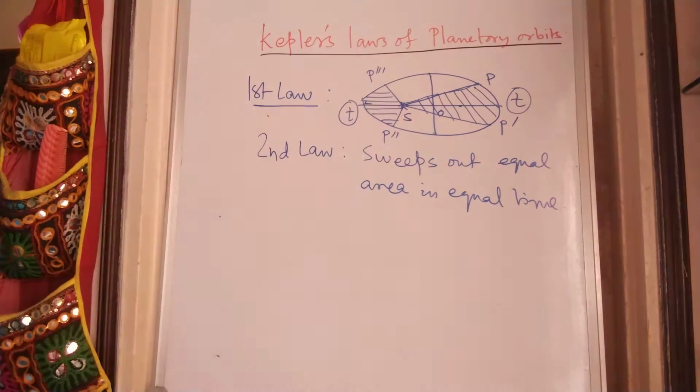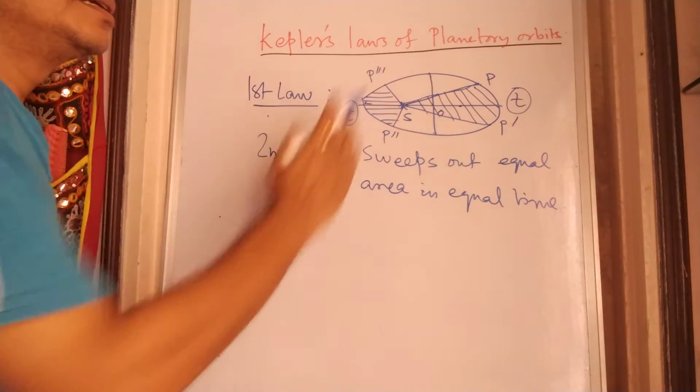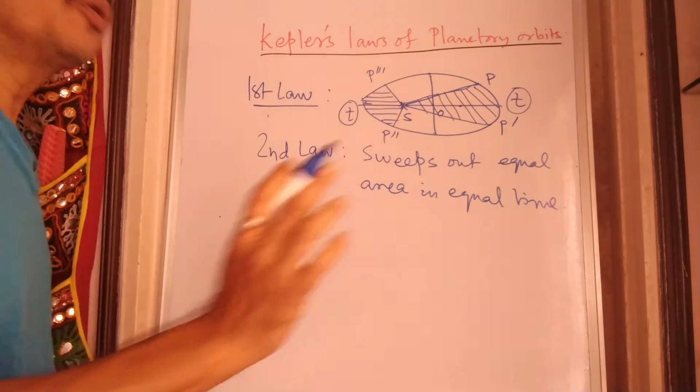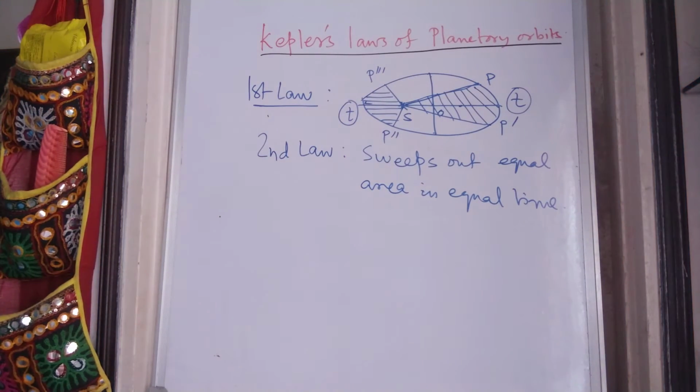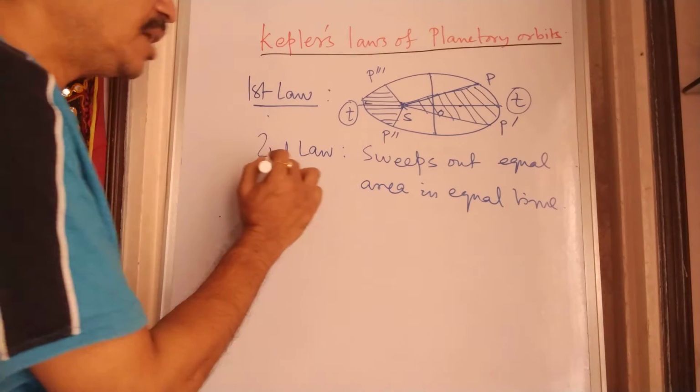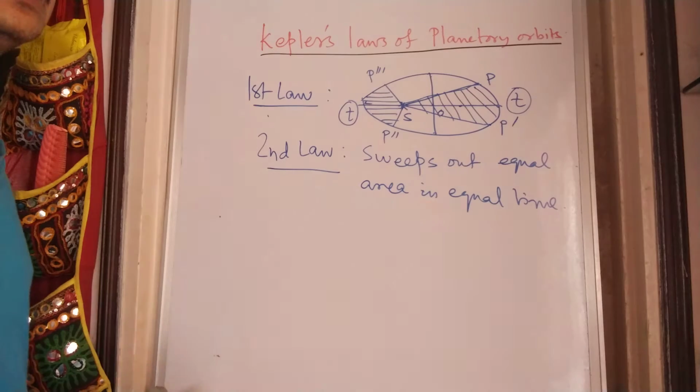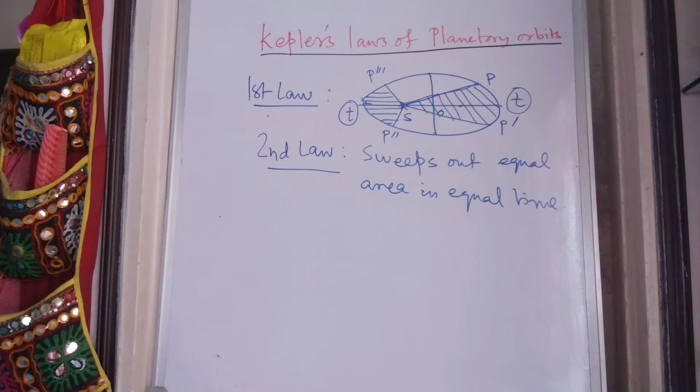So the rate of sweeping out area by the radius vector will be constant, isn't it so? The second law states that this radius vector sweeps out area at a constant rate.